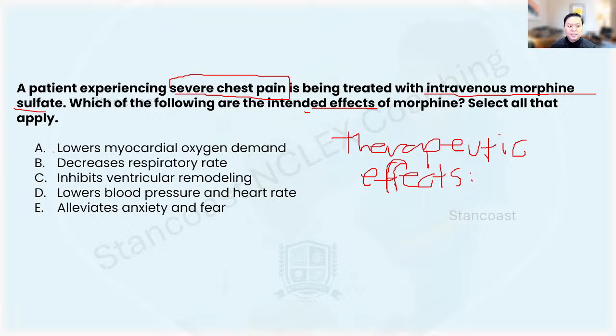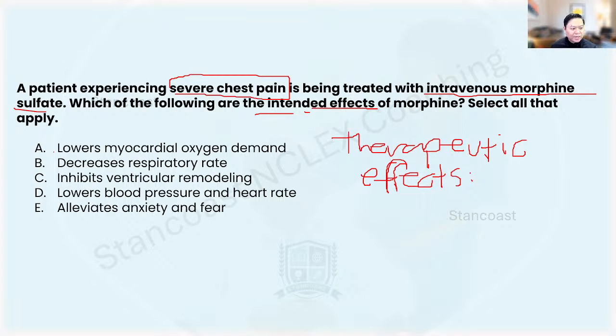The patient has severe chest pain and has been given morphine IV, but you are being asked about the intended therapeutic effects. I'm seeing ABE, ADE, ABD, BDE, ABCDE, ABDE.